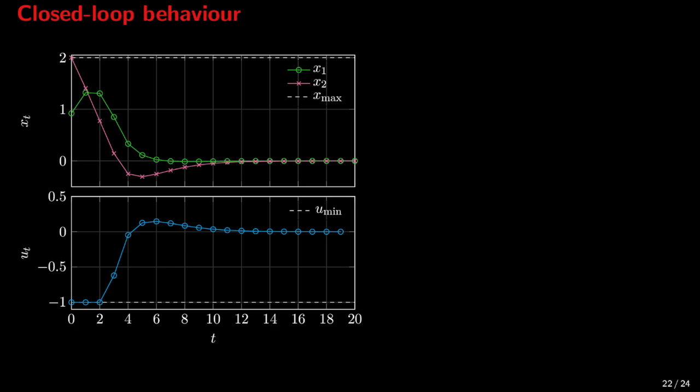We see the u minimum here, which is -1, and we see that the control actions at the beginning are equal to the minimum possible value, which is -1, and again at any point we don't have any constraint violations, which is good. It is excellent. So we have both a convergence of the state towards 0 and absolutely no constraint violations.